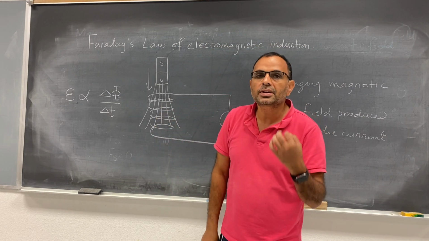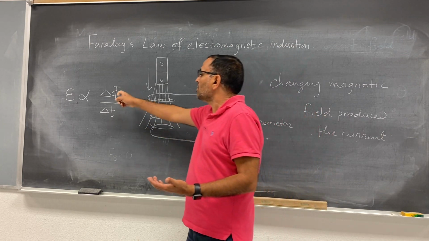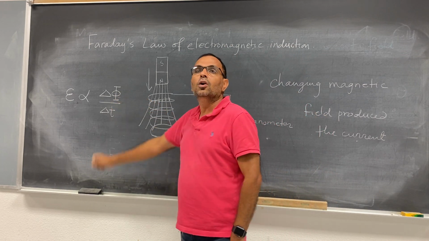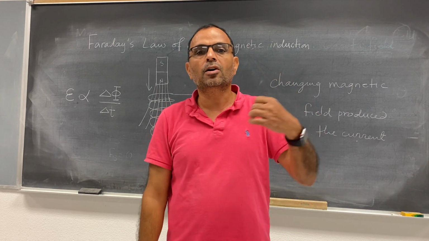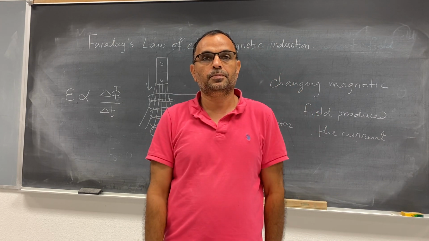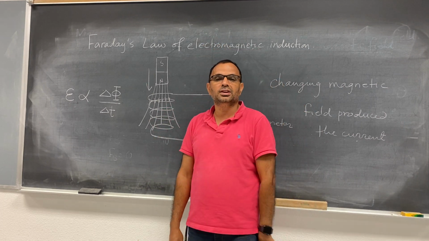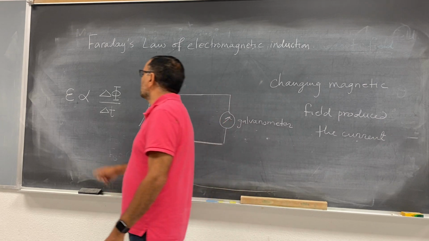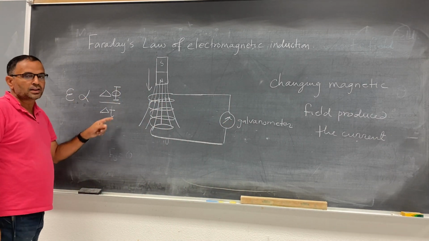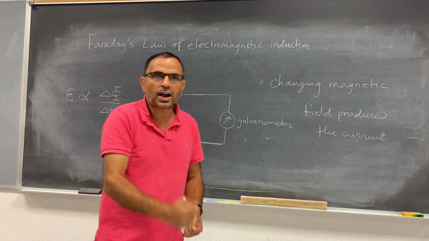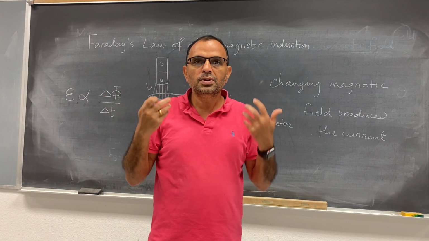So the EMF induced in the coil is directly proportional to the rate of change of magnetic flux. The time variation of magnetic flux gives you the induced EMF. That is why if you move the magnet fast, quickly, you produce a bigger current there.